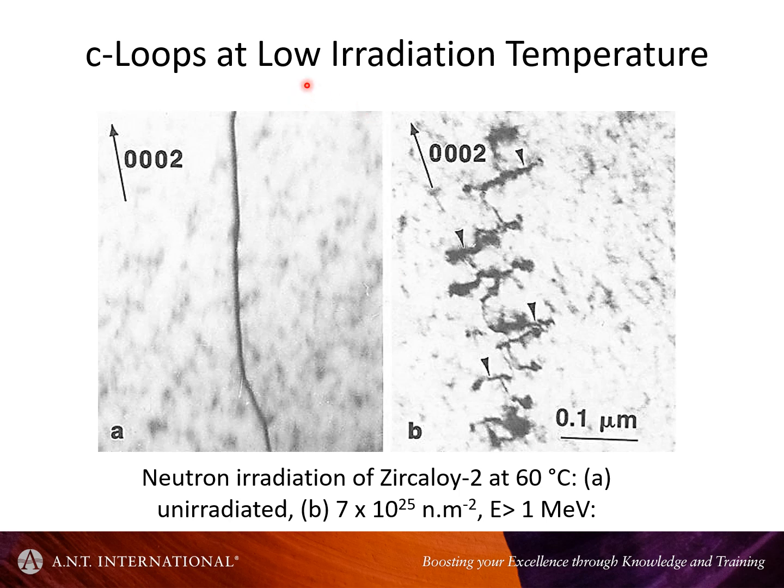Now, at low temperatures, we tend not to get loops formed for whatever reason, either because the impurities are not there or because things are so sluggish. But if you have a dislocation, like a C component dislocation, you will get helical climb on that dislocation. And this is an example from Zircaloy, irradiated at about 60 degrees centigrade.